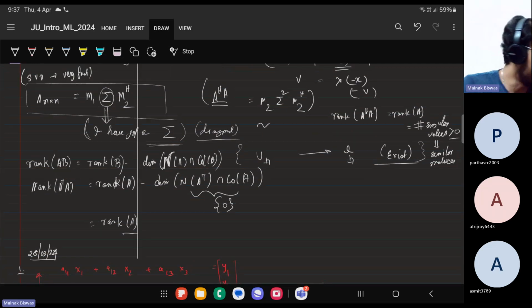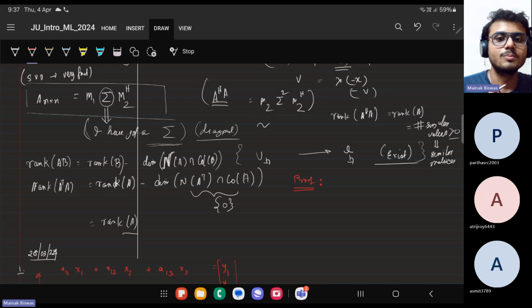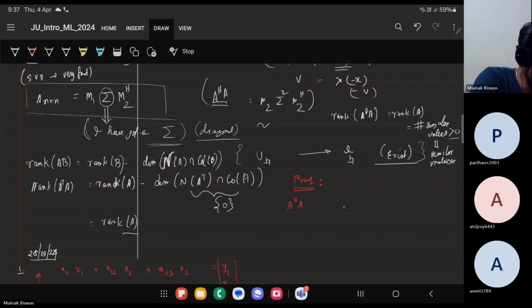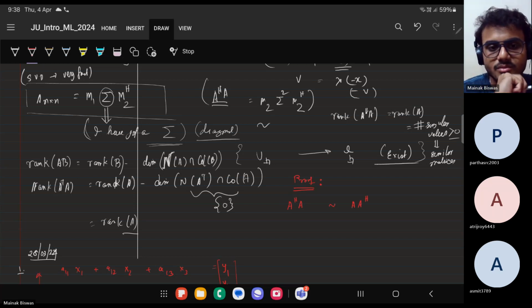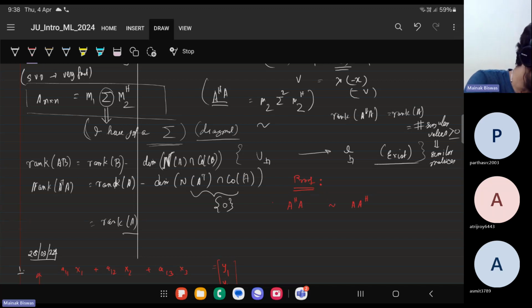I'll give you an overview proof for its existence. The proof is pretty simple. Do you see A Hermitian A is similar to A A Hermitian? Can you prove this? Step 1 has to be this.